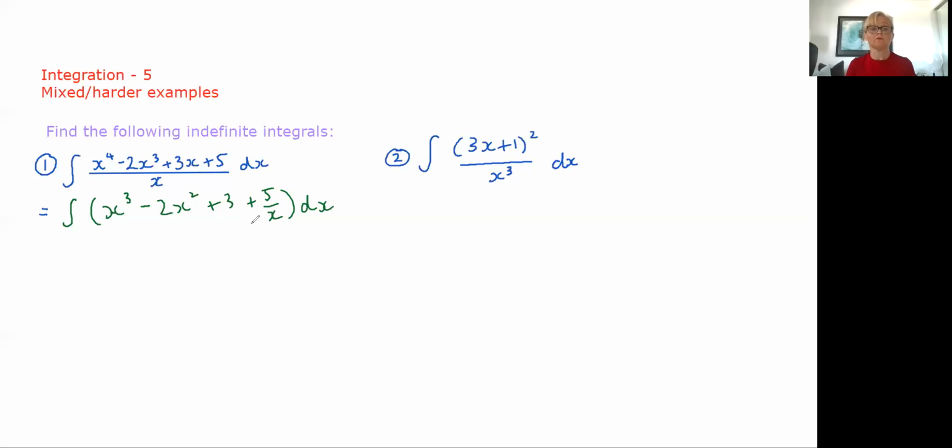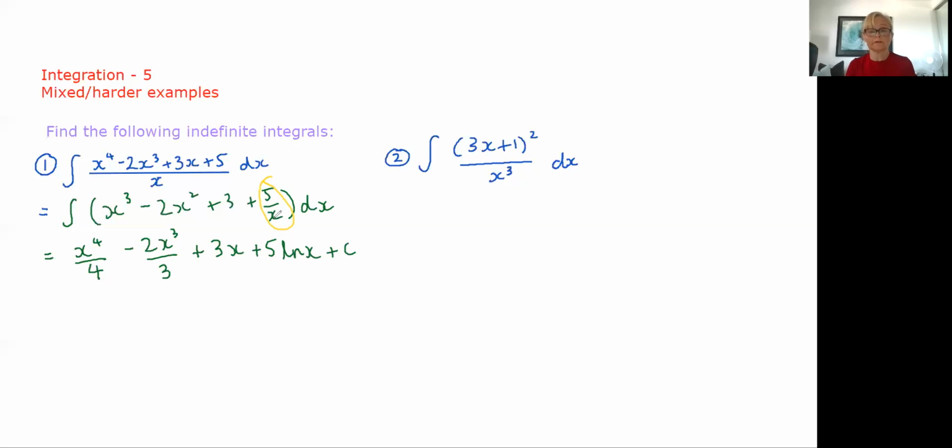Once we've got it in that format, it's relatively easy to do our integral. So we increase the index by 1 and divide by the new index, for each of the first three terms. Here is where we need to be just a little bit careful and remember that we're going to get 5 times natural log of x plus, of course, our constant term.